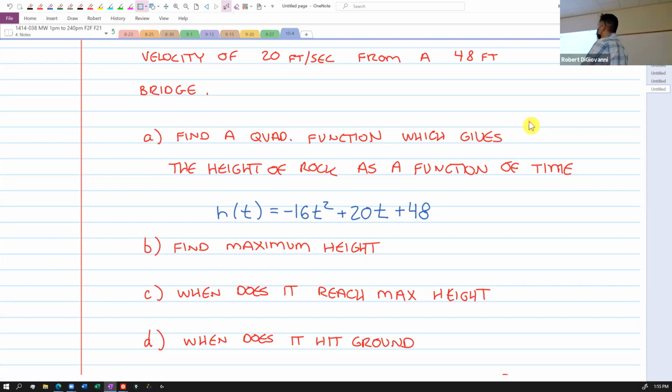Now, what is part B asking us for? The vertex. Yes and no. It is the vertex, but see, the vertex is a point, right? So we all have to understand that what we have here, this quadratic, is a parabola that opens down. Do we all see that? This is a parabola that opens down because it has a negative 16 in front, right?